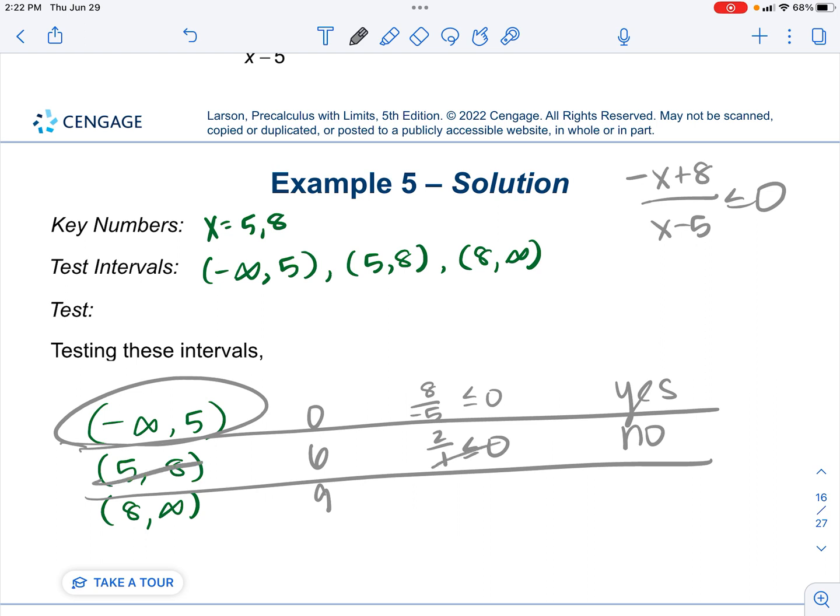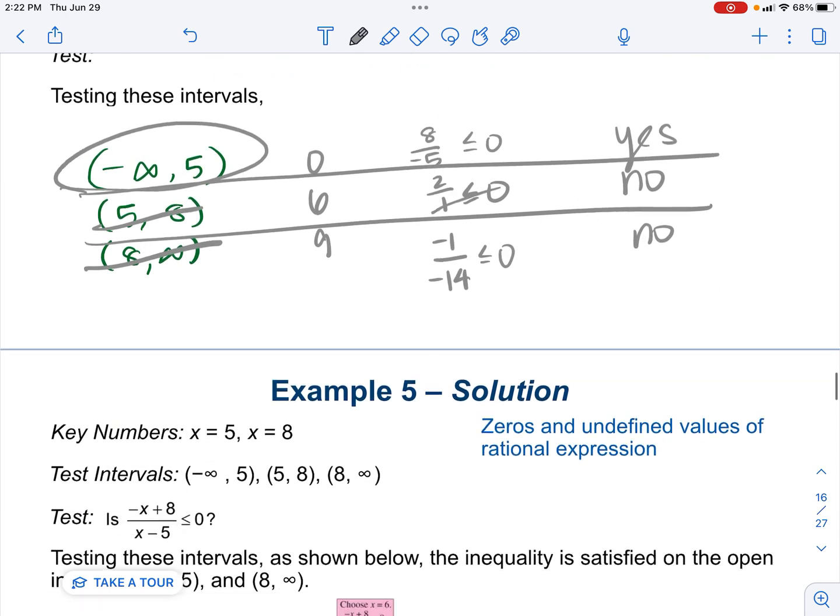That was a no. And if I do 9, I'd get negative 1 over negative 14. That is also positive, and so that's a no as well.